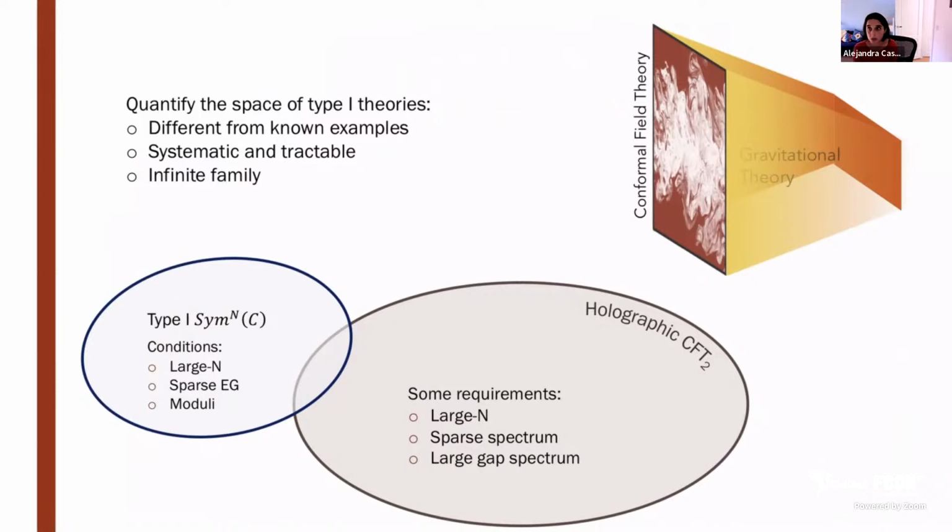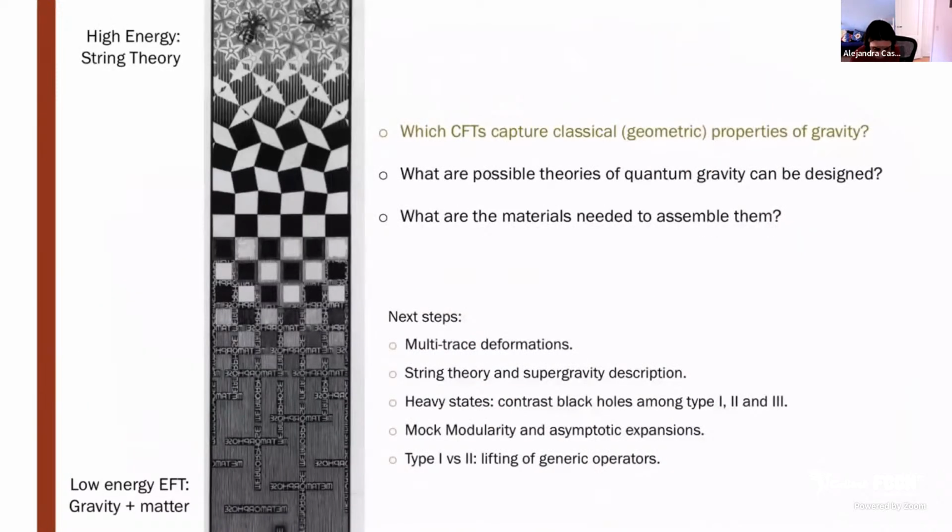And if they're not sufficient, what else should we be imposing on the symmetric product orbifold to lead to a holographic type theory? With that, I'll leave you with this nice slide that shows some of the next steps and what I think are the important questions as you study the space of conformal field theories. So I'm done.